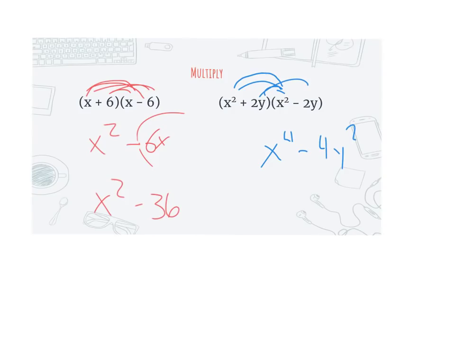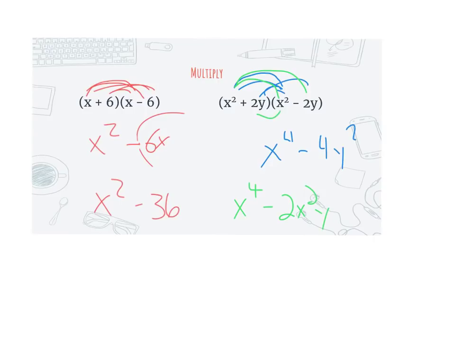So do we agree or disagree with this one here? Agree, good. So we skipped those middle terms, so if we were to multiply this out completely, showing the steps, we would have x squared times x squared, which is going to be an x to the 4th. And then x squared times our negative 2y becomes a negative 2x squared y.